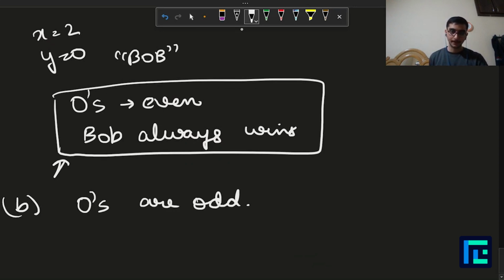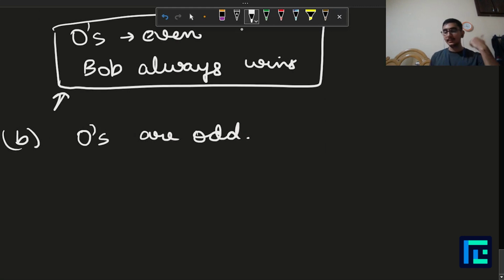Right. Now, as I said in the earlier case, if the number of zeros are even, that means we can never have a middle zero. Right. But now we'll see that if the number of zeros are odd, then we must have a middle zero. Because as I said, all characters in a palindrome occur in pairs, right?